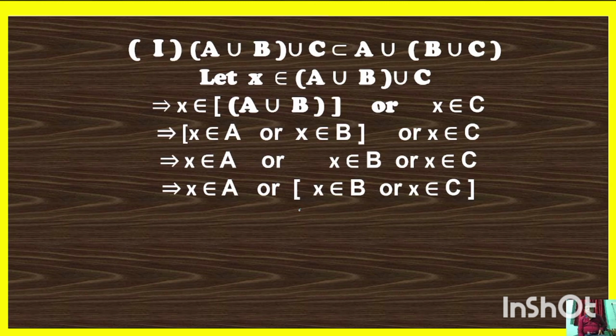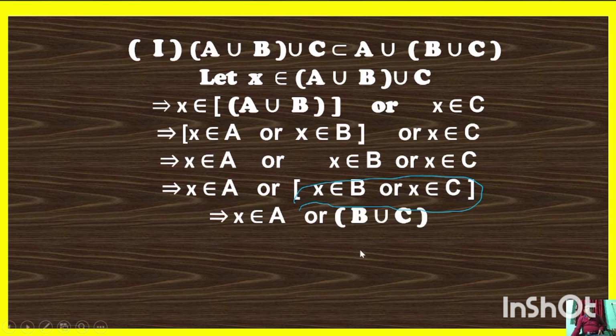Here we have rearranged this one. After rearranging, we get X belongs to A or X belongs to (B union C). It means X belongs to A union (B union C).